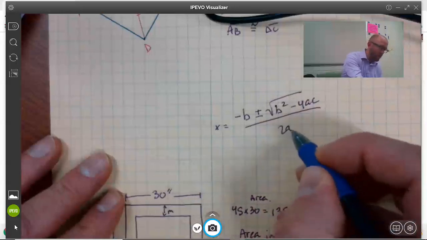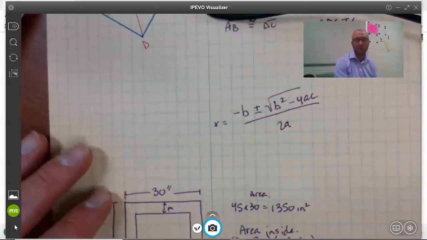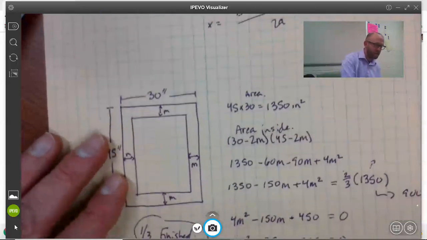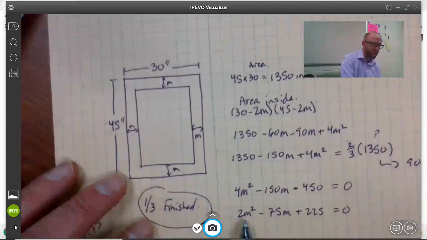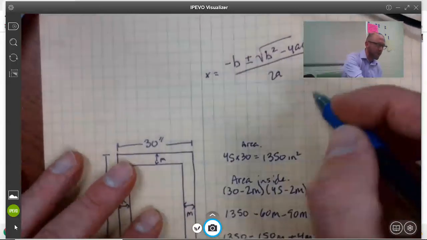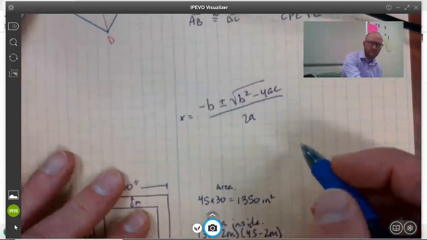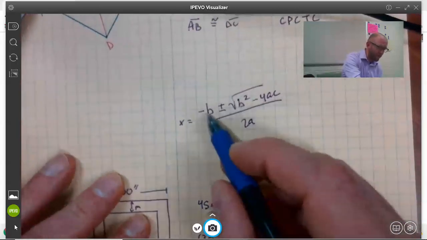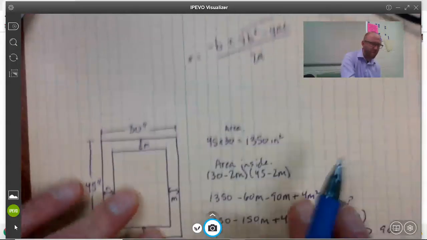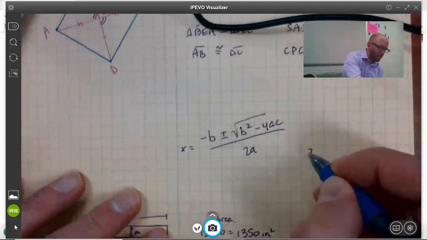I actually had to look that up because I forgot what it was. It's been so long since I used it. The a, b, and c are just the coefficients in order: the squared coefficient, the linear coefficient, and then the number at the end. So our b is 75, and it's a negative b, but our b is already negative, so it's going to change to positive.